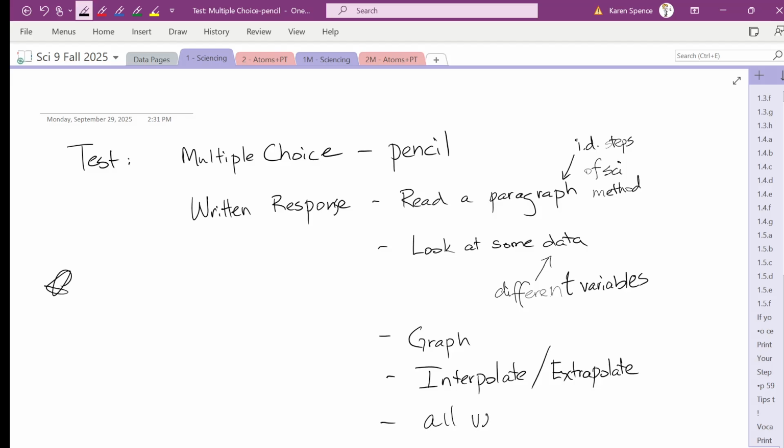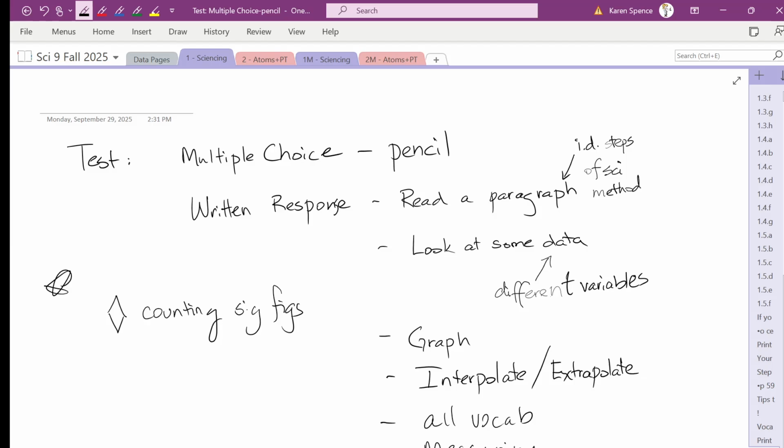All the vocab. There's going to be measuring questions too. If you are doing the enriched stuff, I think most of you can count the number of sig figs, so you can definitely get those, okay? The measurements are pretty easy.